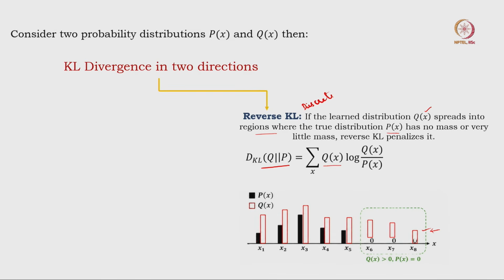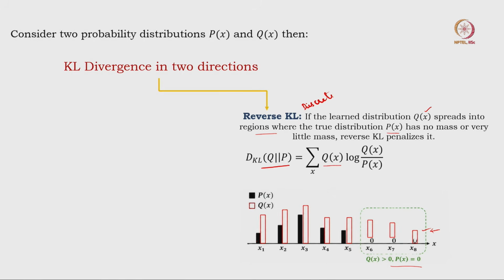Now here what exactly is happening? Q has spread into a region where P is not at all having any value. What is P of x here? It is the true data, the given data's underlying distribution. So if Q has captured something, it means that is not part of the original data distribution.